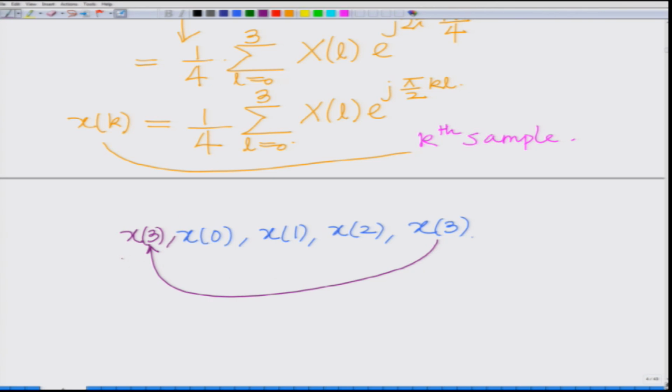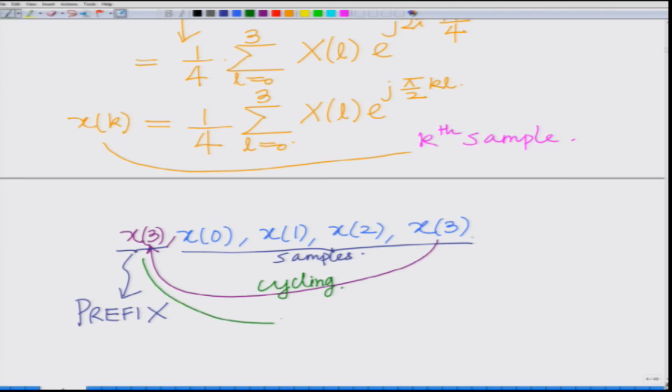So, we are doing a prefix, prefixing the samples. This is a very important thing: we are doing a prefix and cycling the samples from the end towards the beginning.